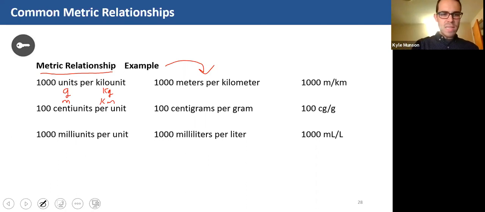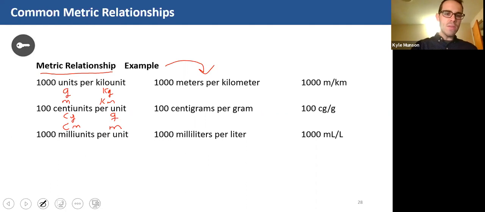There's 100 centi units per unit. This means that there are 100 centigrams per gram, because remember our base unit would be gram, and 100 centimeters per 1 meter. Those are our base units.